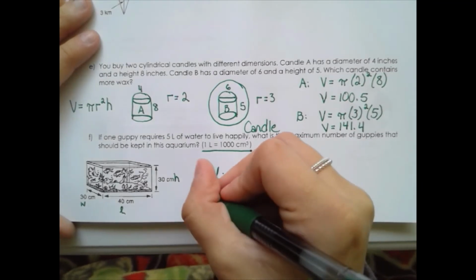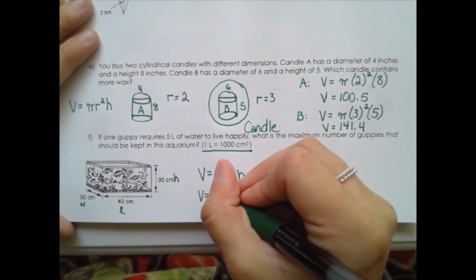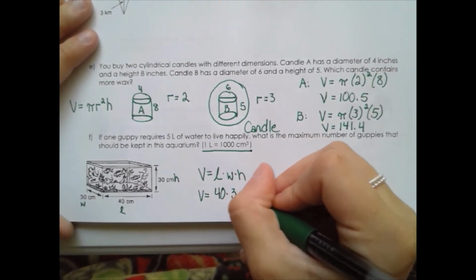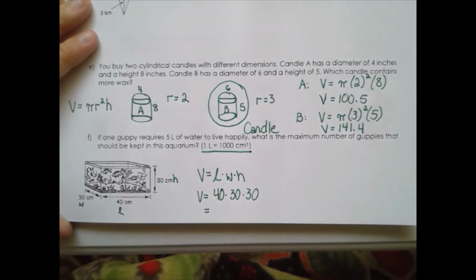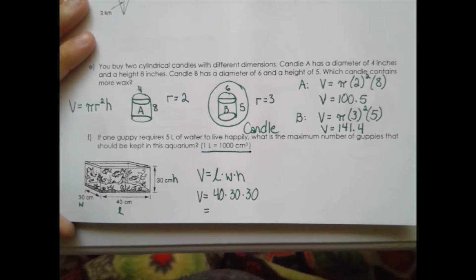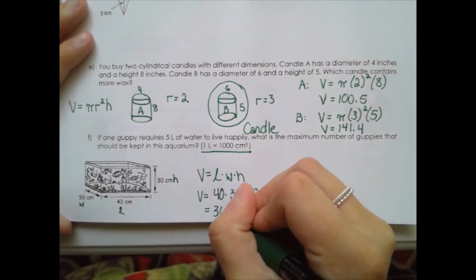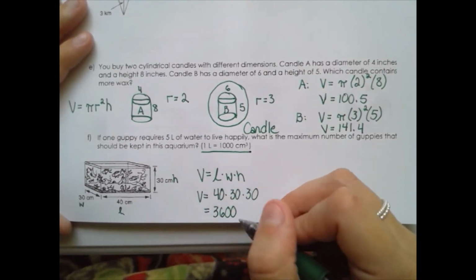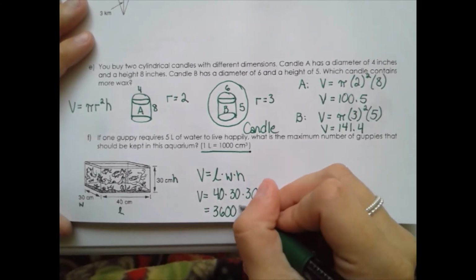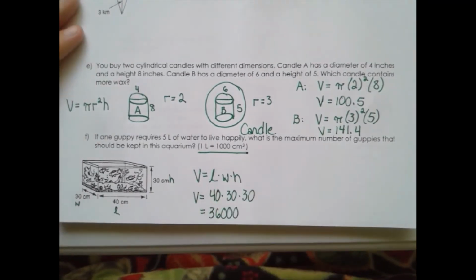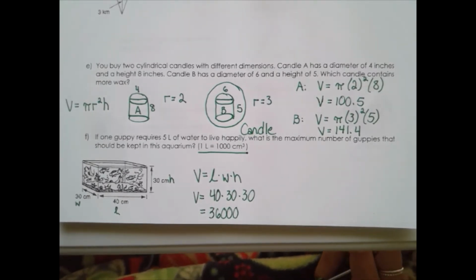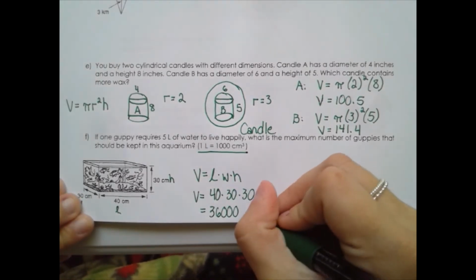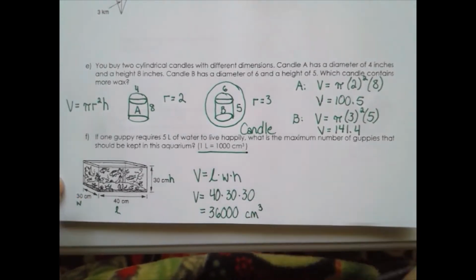So our volume would be 40 times 30 times 30, which when I type that into my calculator gives me 36,000. Now, we were told that one guppy requires 5 liters of water to live happily. And this right here is in cubic centimeters.